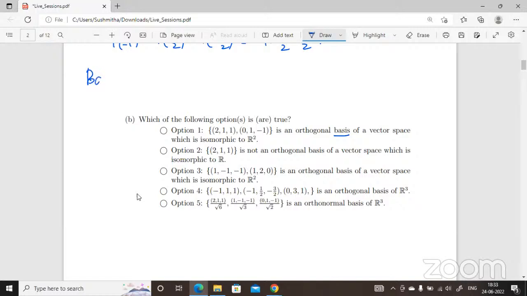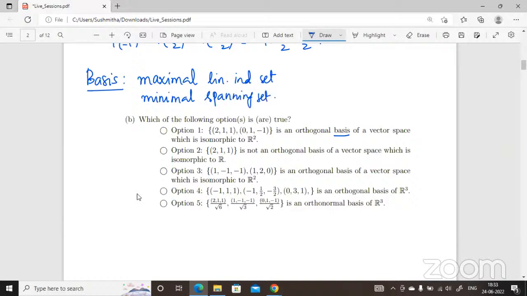The cardinality of the basis is equal to the dimension. Maximal linearly independent, spanning. A lot of definitions of basis you have told, and most of it is correct. So it is either a maximal linearly independent set or a minimal spanning set.